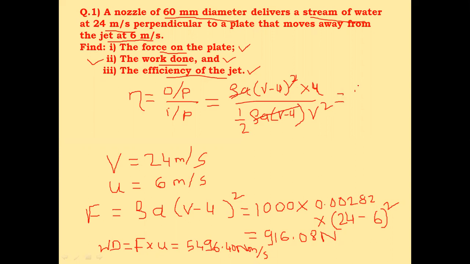So it is 2 u into (v minus u) upon v square.